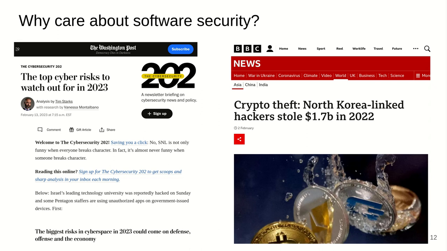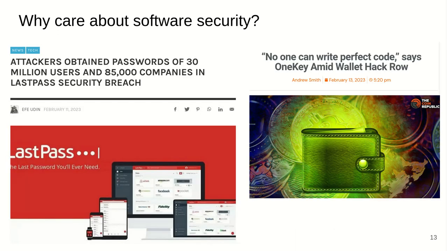There are articles in top newspapers talking about different kinds of security issues, both in low-level software, as in cyber risks in the Washington Post, or crypto issues where a lot of virtual money is being stolen based on bugs in given software. Additionally, attackers can use the vulnerabilities that we will discuss to obtain passwords, access to personal data, and then abuse this data going forward.